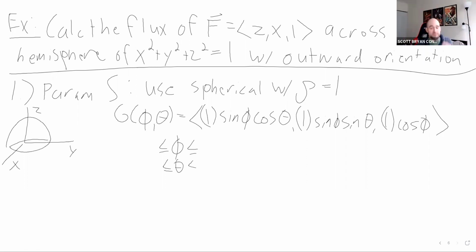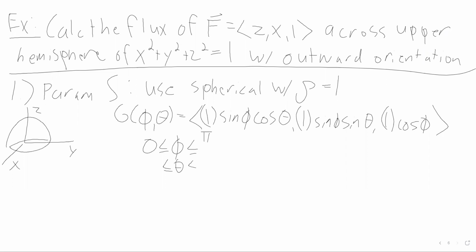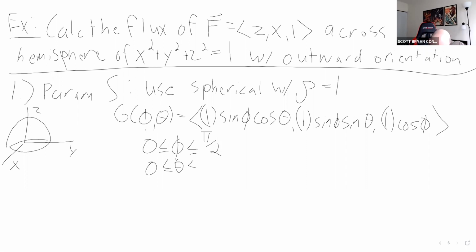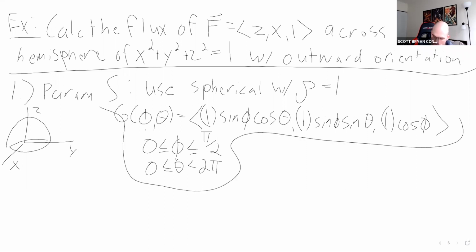We just want the upper half. So it'd be 0 to pi over 2. And then we go all the way around the z-axis. So theta goes from 0 to 2 pi. Okay. So this is our parameterization. Cool.